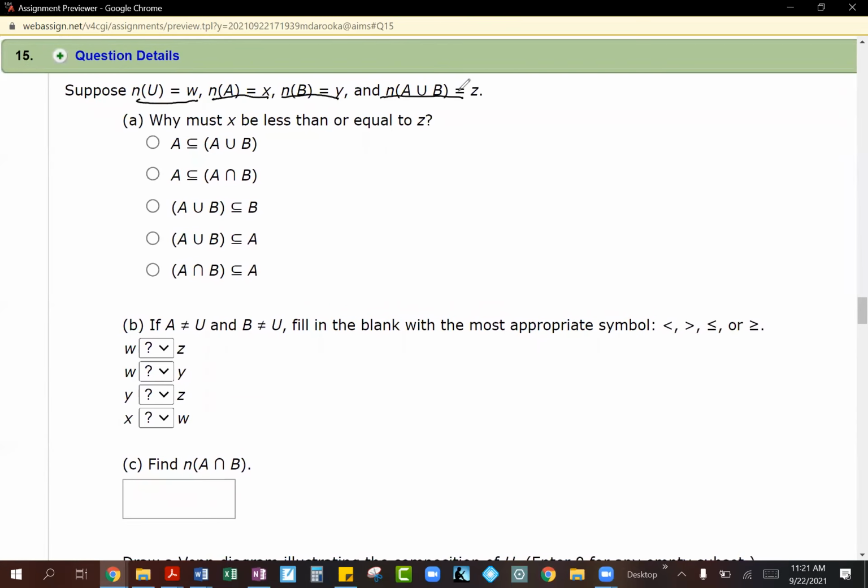They want to know, why must X be less than or equal to Z?